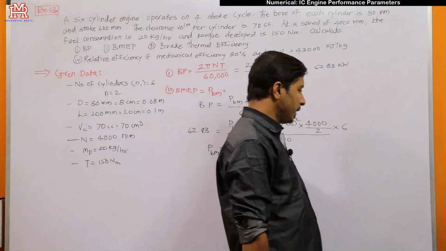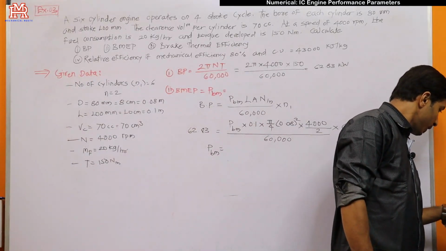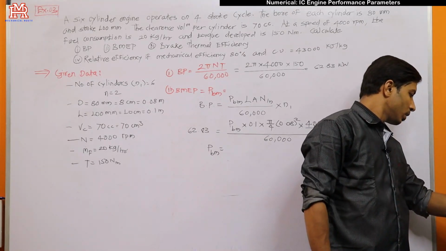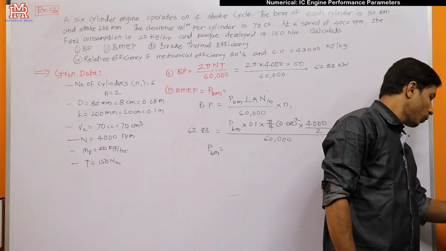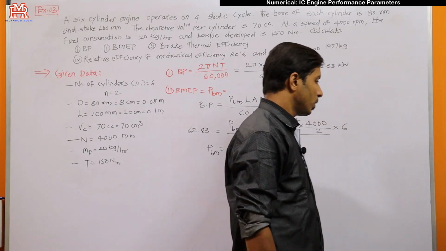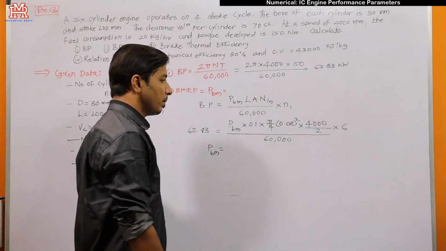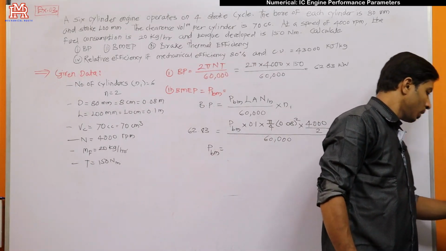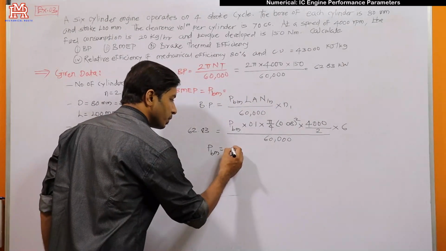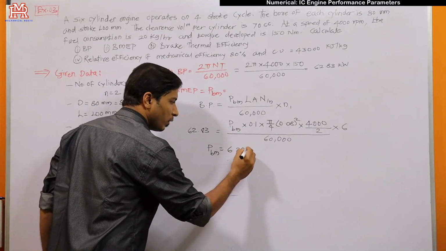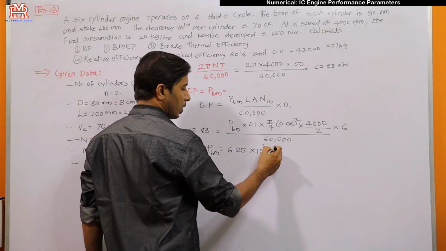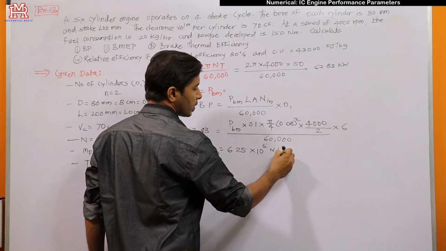And the value of the brake mean effective pressure is 6.25 into 10⁵ Newton per meter square.